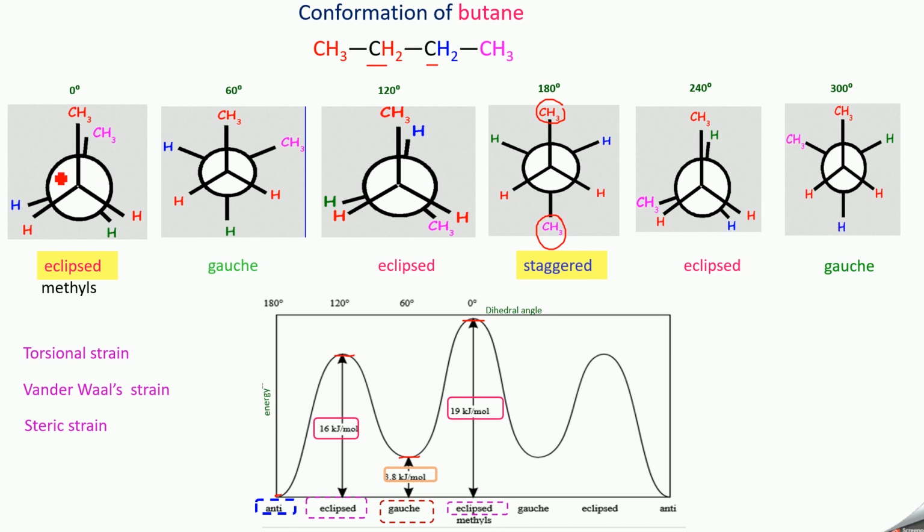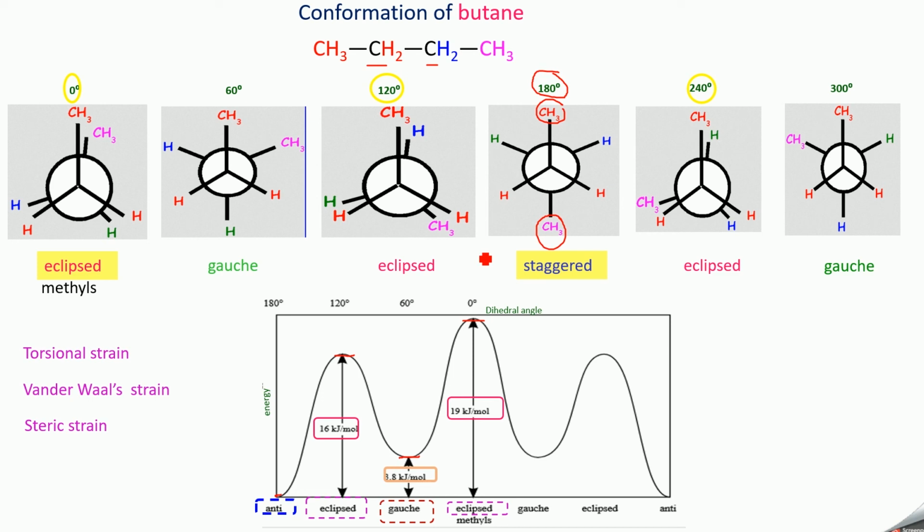So we are getting the eclipsed form at 0 degree, 120 degree and 240 degree. At 60 degree and 300 degree we are getting the gauche form. At 180 degree we are getting the staggered form, which is more stable. Eclipsed forms are unstable.